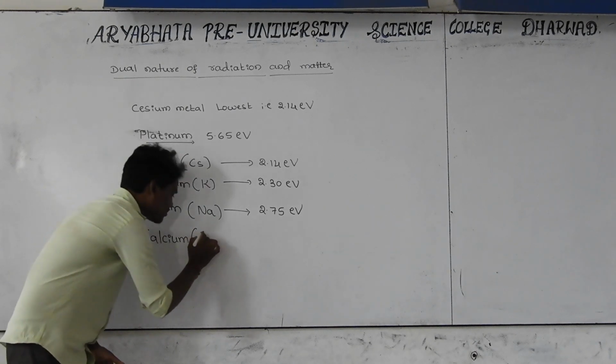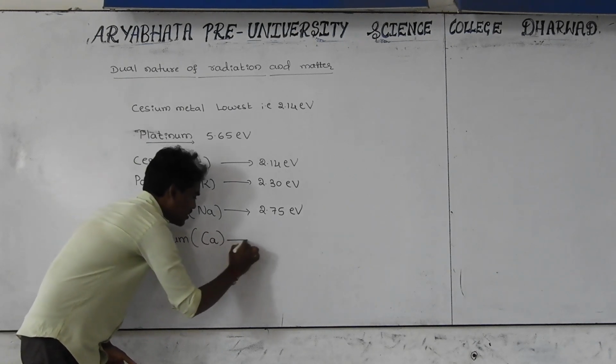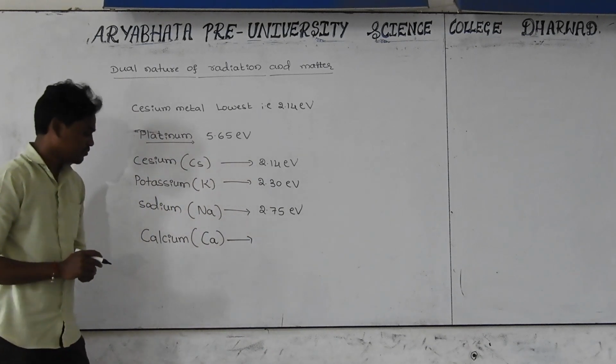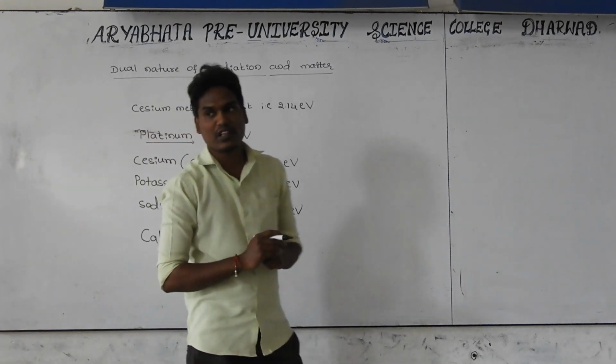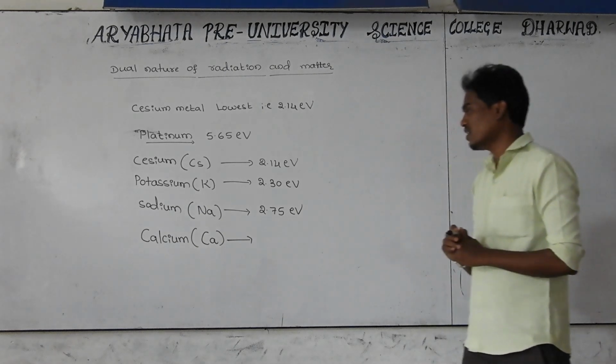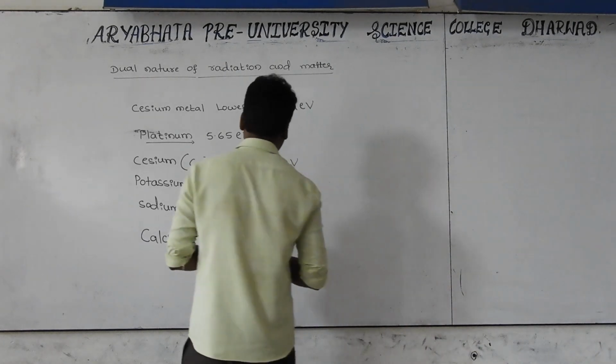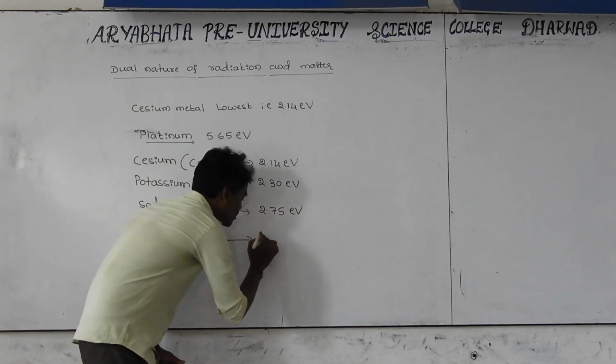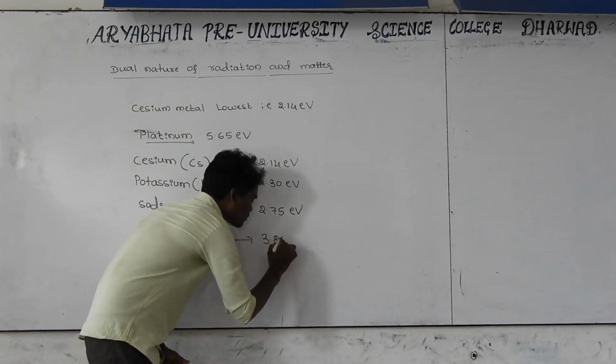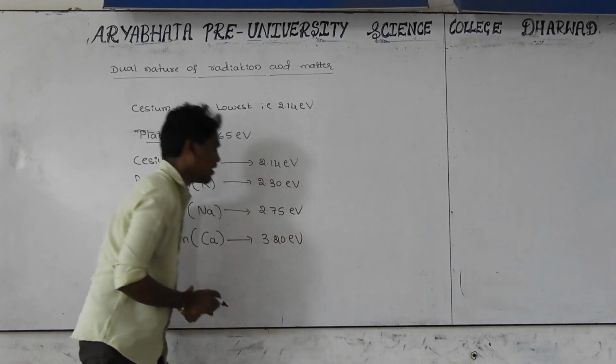And the fourth one is calcium, indicated as Ca. In order to emit the electron from the calcium, the amount of energy we need to supply is 3.20 electron volt.